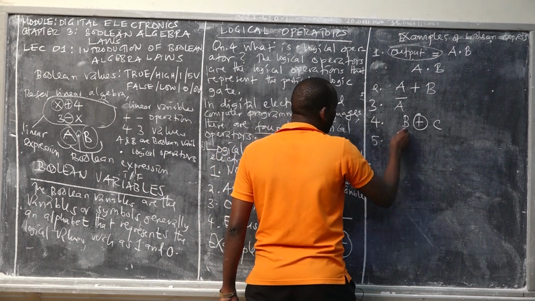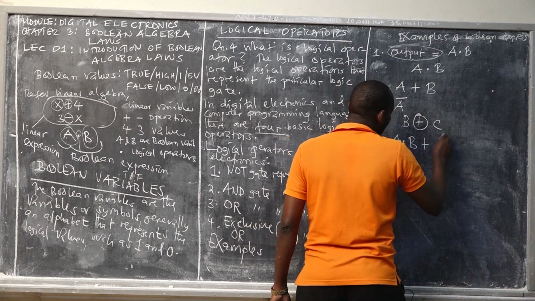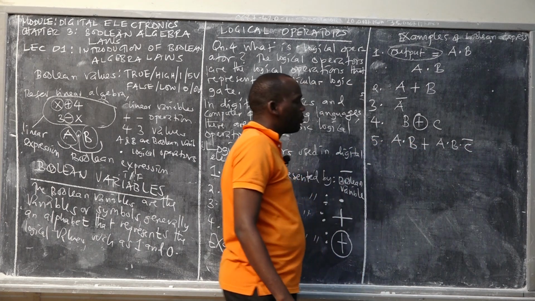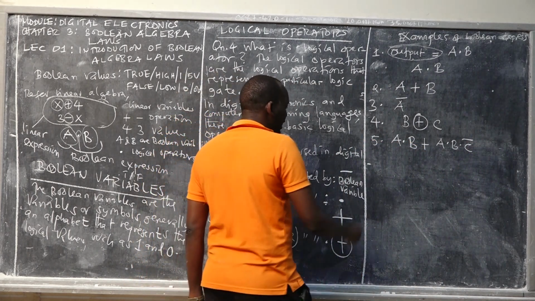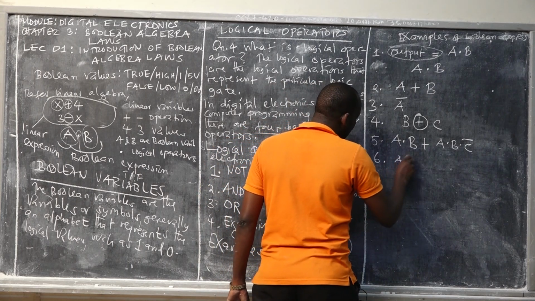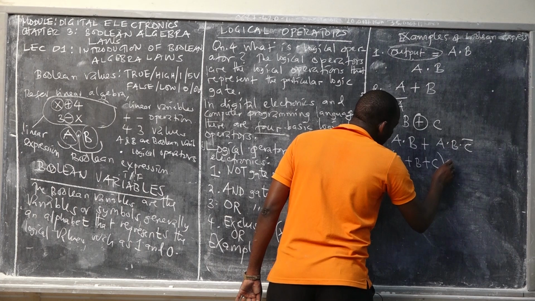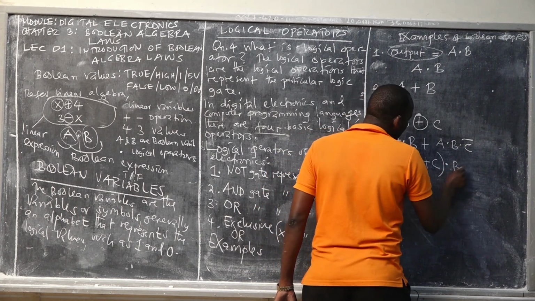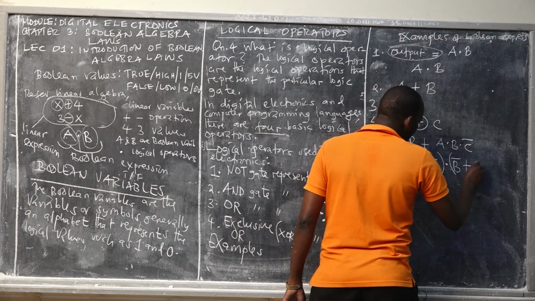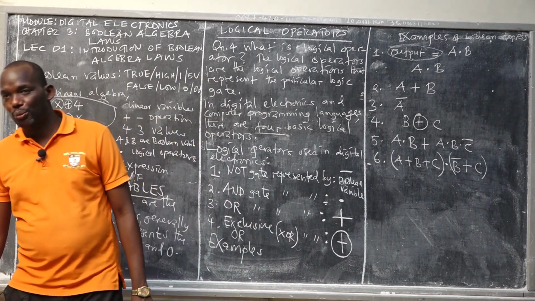The fifth example can have A and B or A and B and C and not and the complement of C. Then another example, so you can have A plus B or A or B or C, then and the B complement or C. Those are the examples of Boolean expression.